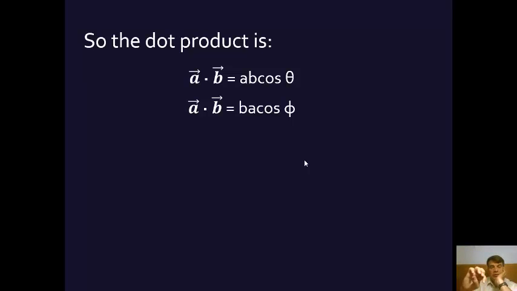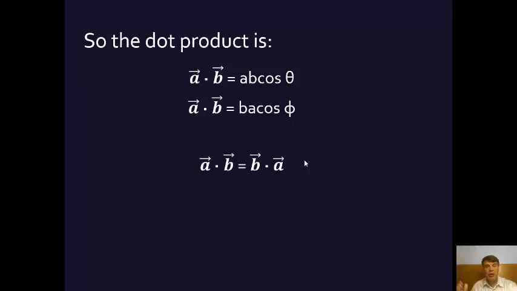If you were to flip it around, you could also say that the dot product is the magnitude of B times the magnitude of A times the cosine, and I've come up with a different angle here, angle phi, where you're treating vector B as the base and phi being the angle the other way around. And so it's going to end up being the same, because dot products are commutative. That is, the dot product of vector A and B is the same as the dot product of vector B and A.